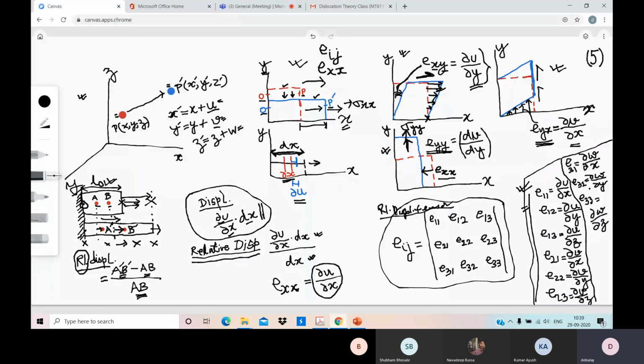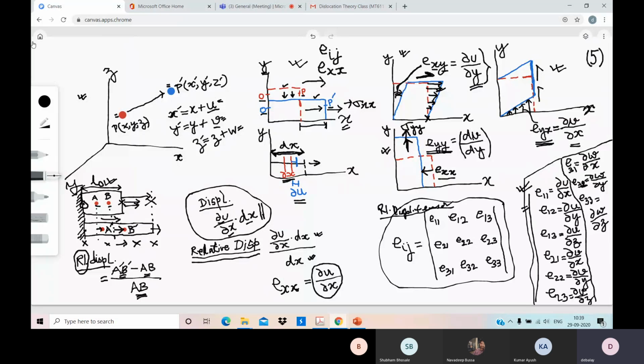E31 is del W del X. E32 is del W del Y. E33 is del W del Z. So this is my relative displacement tensor.